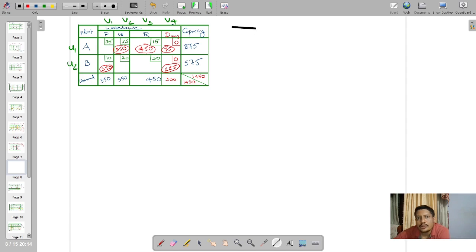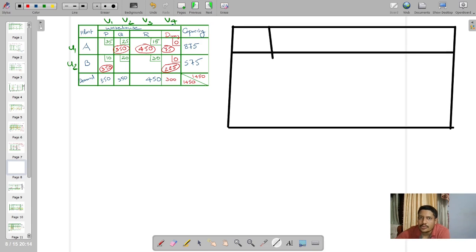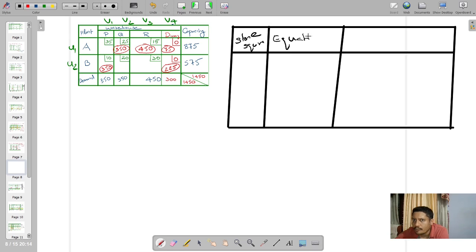We'll just draw the table for the calculations. Stone squares, equations and calculations. We have the stone squares, and then we have our results.